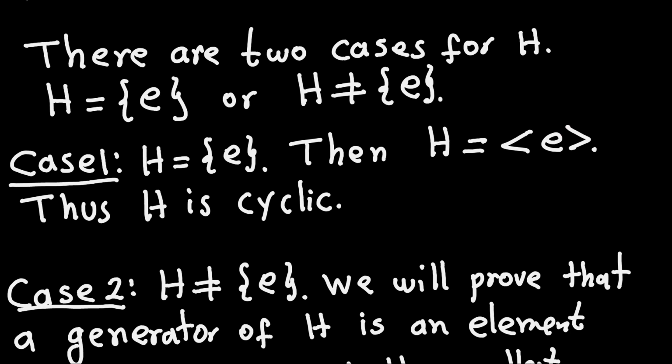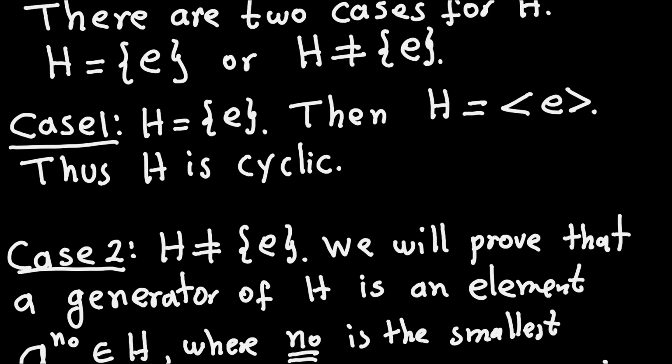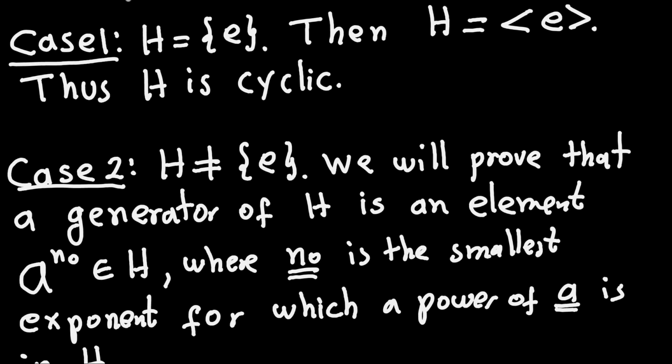So trivially, H is cyclic. Of course, that's not the main part of the proof. As I mentioned, the main part of the proof will be when H is not the identity. So when H is not composed of only one element, which is the identity, in that case is where we have to actually look for what the generator will be.